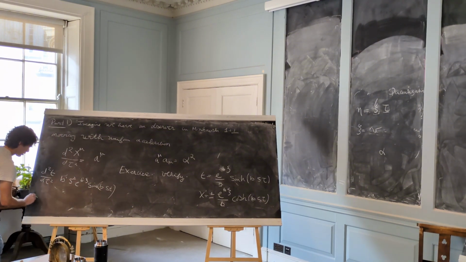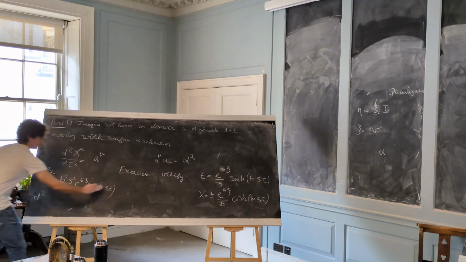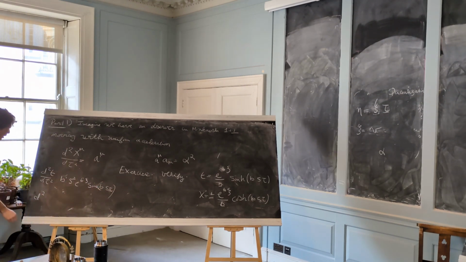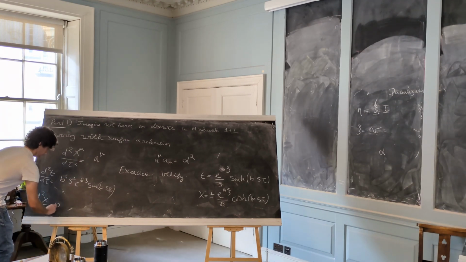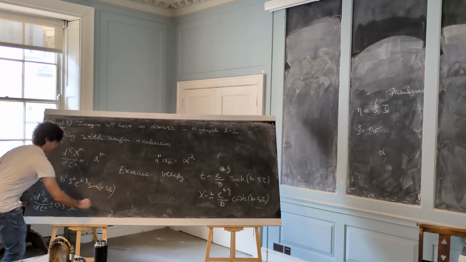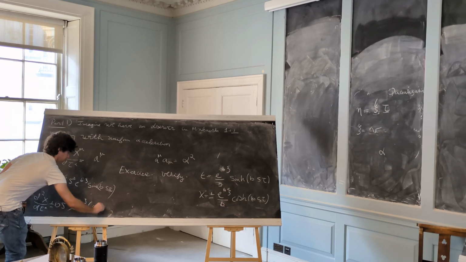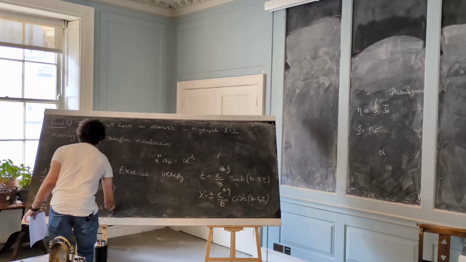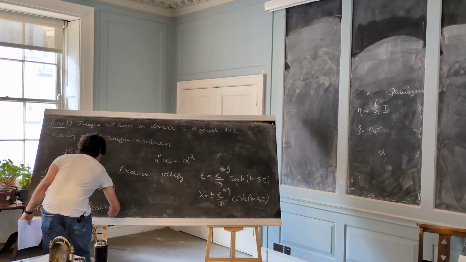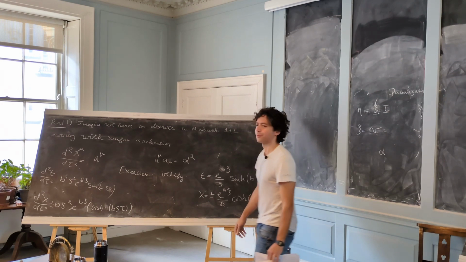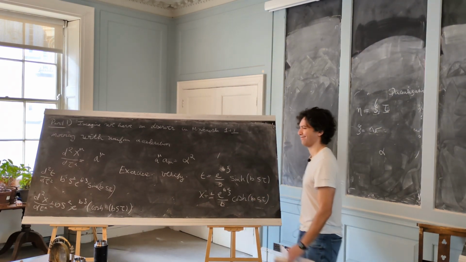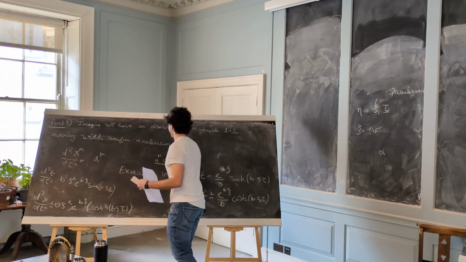What about the second derivative of x with respect to tau? d squared x by d tau squared. Okay. Now what do we do? What's the next step? Plug this in.